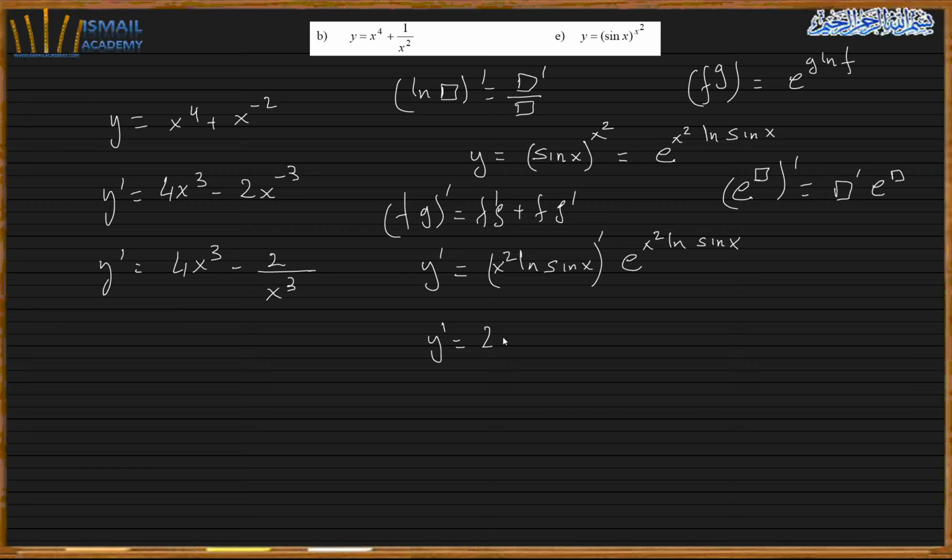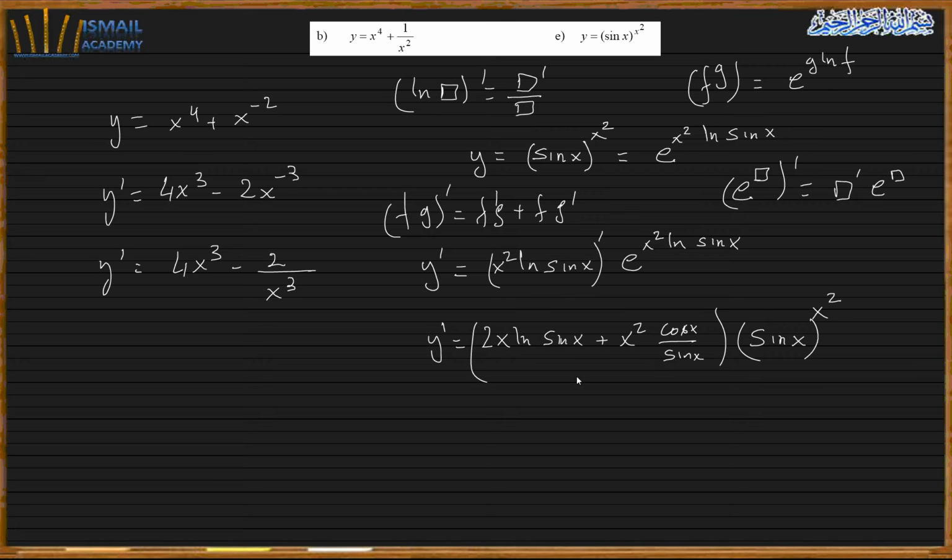So it's going to be 2x ln of sine x plus x squared times derivative of ln, which is derivative of sine, which is cosine. So it's going to be cosine x over sine x times my function, which is the same, so I'm just writing it down in the original form, sine x to the x squared.